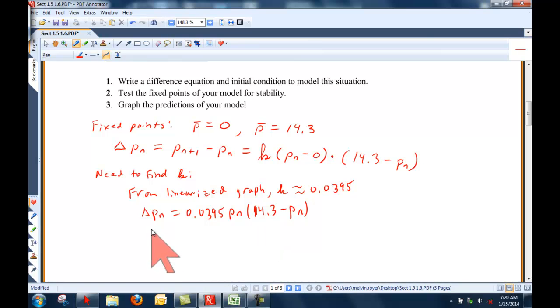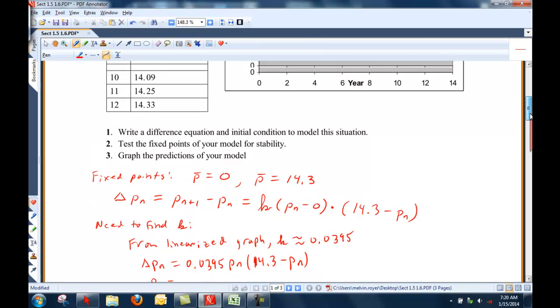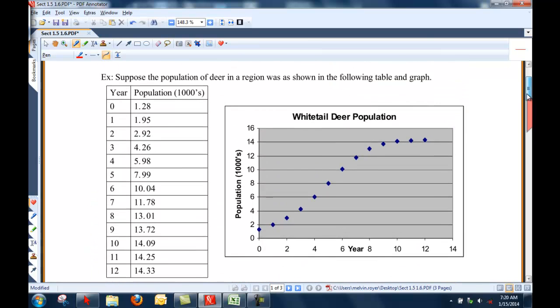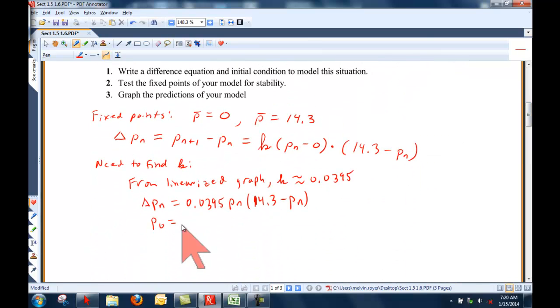And our initial population P0 is actually given in the table to be 1.28. There's our mathematical model. Okay, that settles the first question.